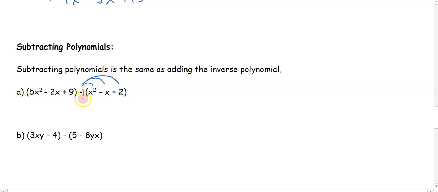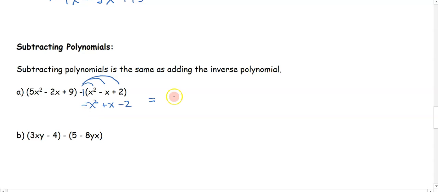I'm going to distribute in a negative 1. That's going to give you negative x squared plus x minus 2. Once you use your distributive law, the brackets disappear, and then you can just collect like terms. If you ever have a subtraction in front of a bracket, you have to distribute in a negative 1. And so I'm going to continue on and just collect like terms.